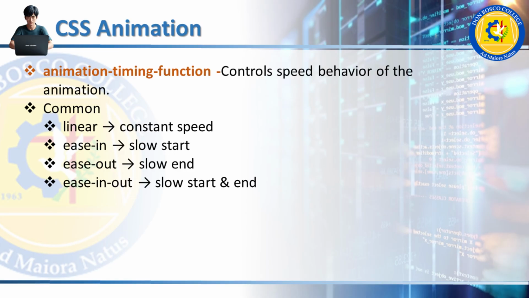The animation-timing-function property controls the speed behavior of an animation. Common values include linear, which maintains a constant speed, ease-in, which starts slowly, ease-out, which ends slowly, and ease-in-out, which starts and ends slowly.